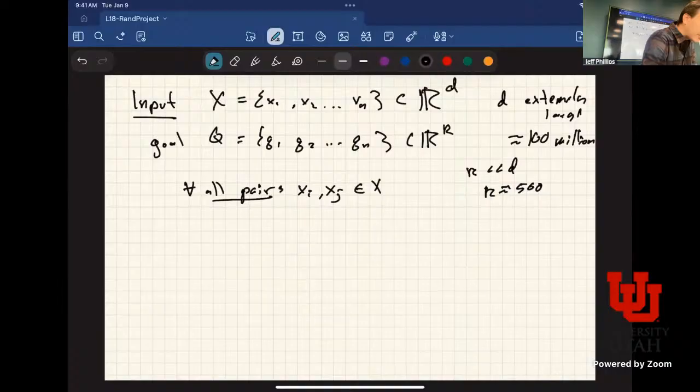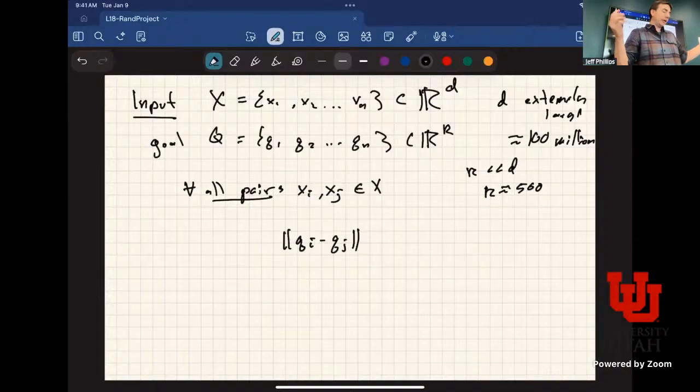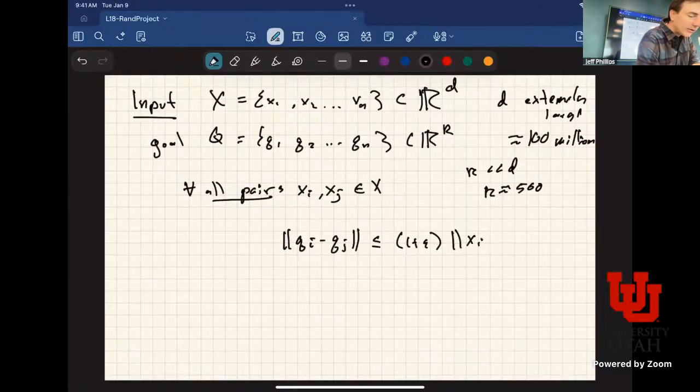I want the property that if I look at the distance between qi minus qj, and we're working in the Euclidean distance, then this is going to almost match the distance in the high dimensional space.